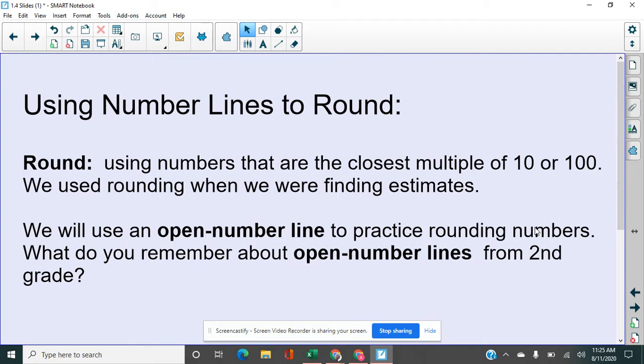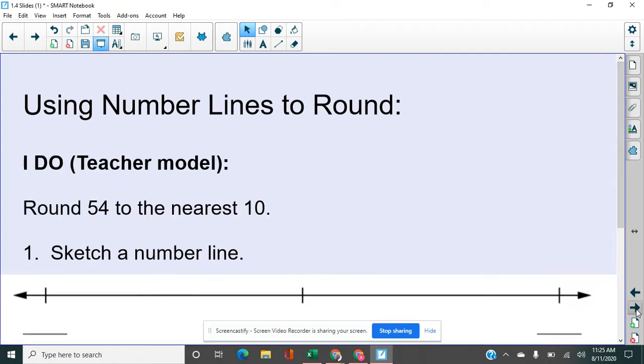When you're just trying to judge, like, oh, this room is about this long, or I need to have about this much money. Those are estimates, right? Not the exact answer, but estimates. And rounding is important when you're making estimates. You've probably done some rounding a little bit in second grade, and we're going to build on that today.